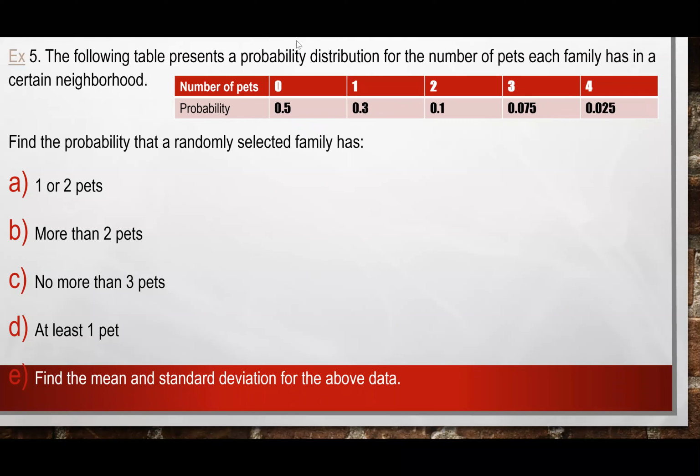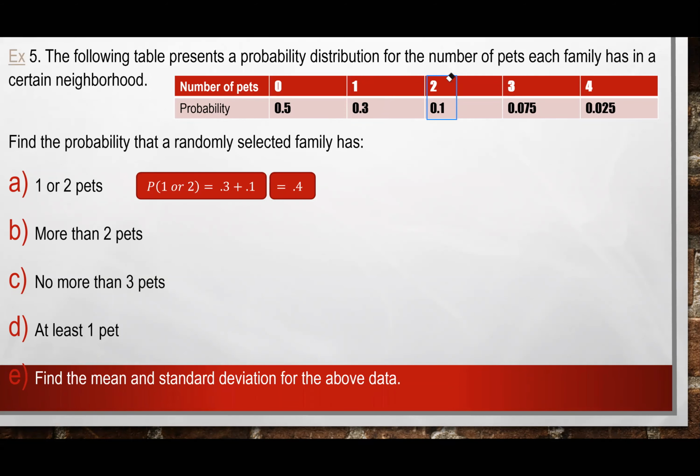Do you agree that this is the probability of a family having 1 pet, and this is the probability of a family having 2 pets? The probability of 1 or 2 is mutually exclusive, because either the family has 1 or the family has 2. If it's mutually exclusive, all we need to do is take the probabilities that fit the description and add them together.